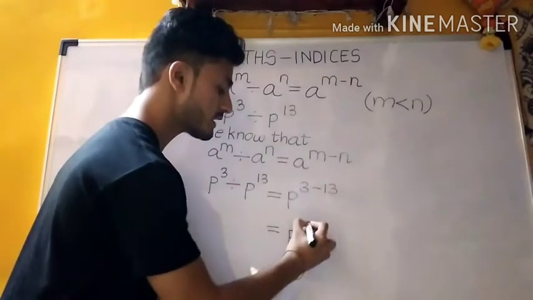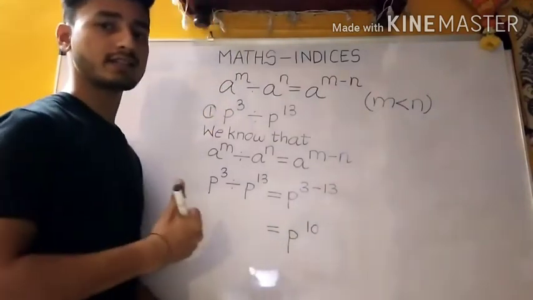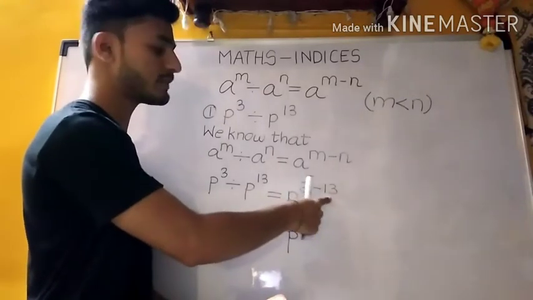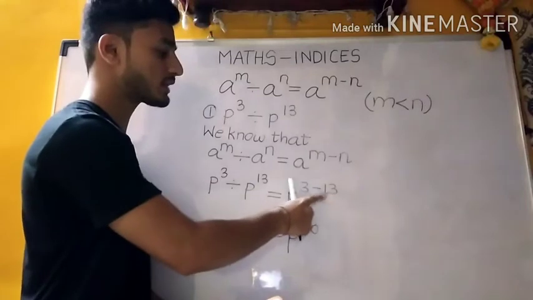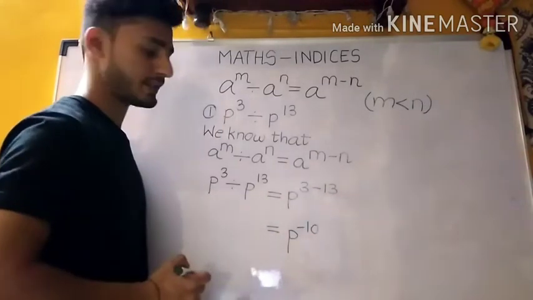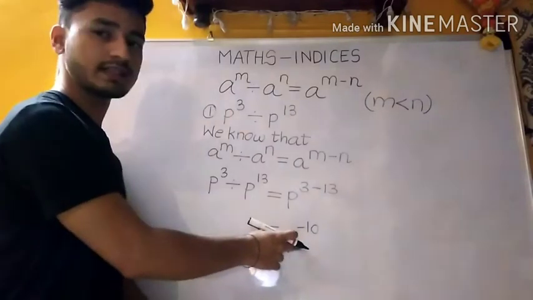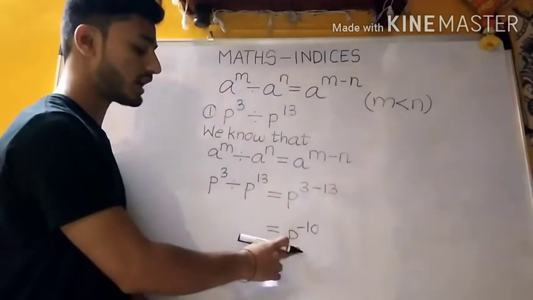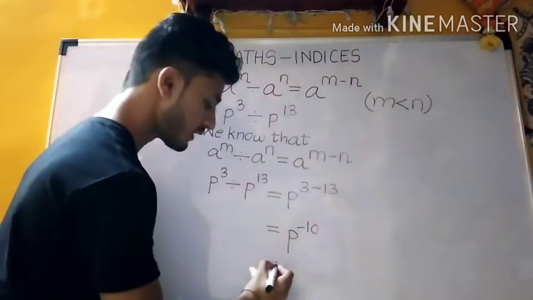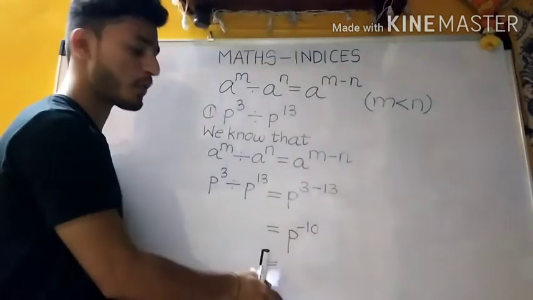So it will be P raised to the power 10, and the additional step is that you will use the bigger number sign. Which is the bigger number here? 13. So the sign which 13 is carrying, that is negative, so we will write here a negative sign. But again you can see that the answer which we have got has a negative power. So here we have to convert this negative power into a positive one.